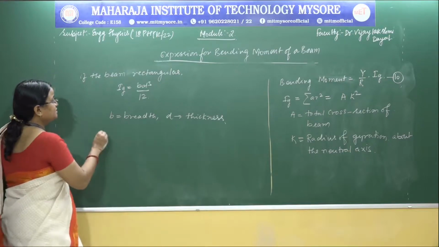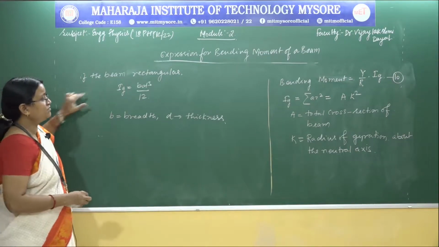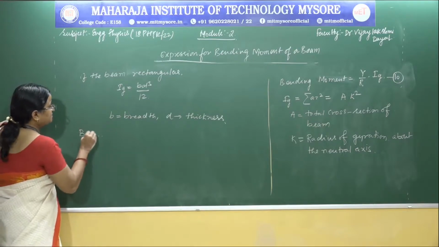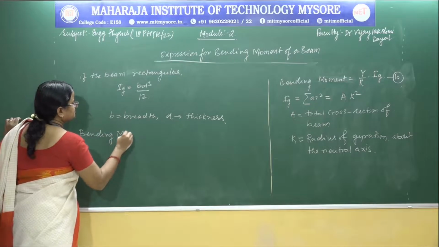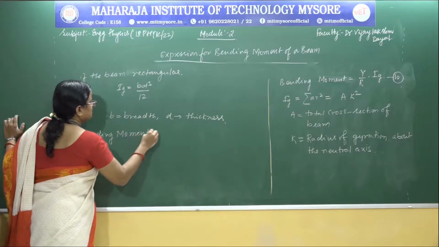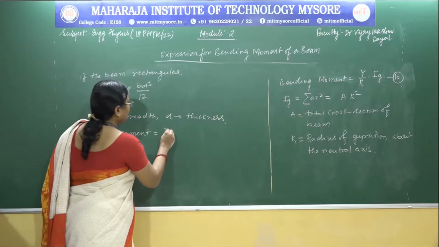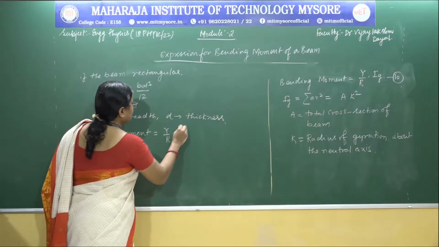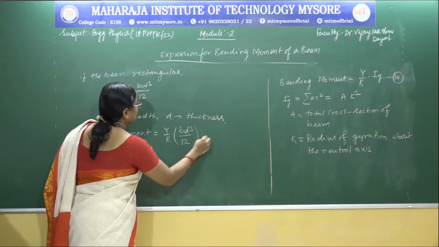So, what we get? In the case of rectangular beam, the bending moment will be equal to, from equation 10, Y by R into B D cube divided by 12.